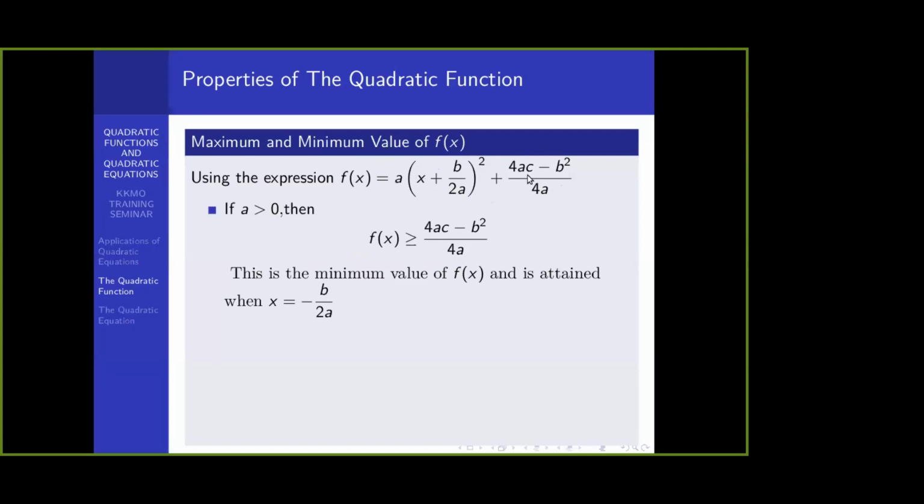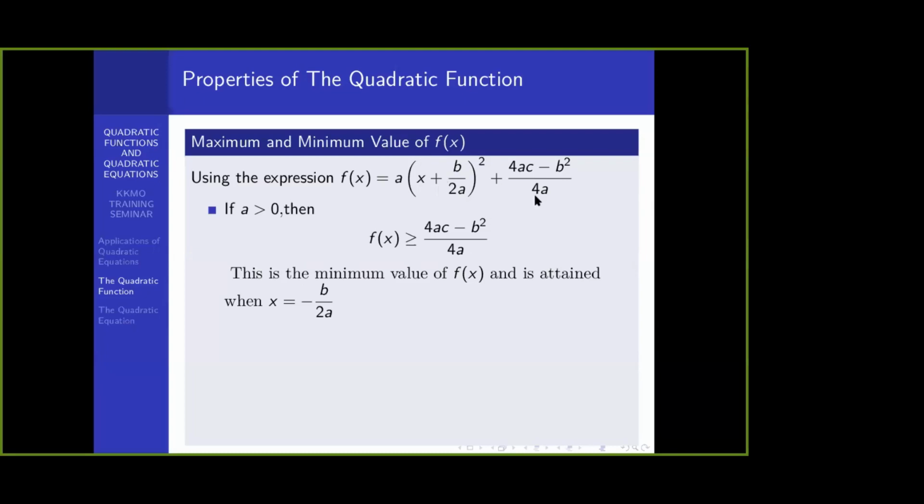This term is constant, right? So this term can only grow bigger if a is positive. As x increases, this term becomes large and positive. So the smallest value you can have is when this term is 0. When x is equal to minus b over 2a, that's the smallest this can be.